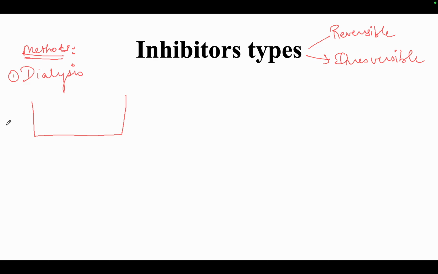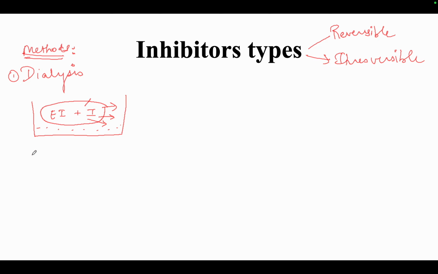The inhibitor can exist in two forms. It can exist in the bound form or it can exist in the free form. So we can dialyze this free and bound form, and since inhibitors are very small molecules, they can be dialyzed out of this dialysis bag. This dialysis bag will have a different buffer concentration. The concentration inside the bag is different as compared to outside. So this dialysis bag will elute out the inhibitor which is unbound to the enzyme.